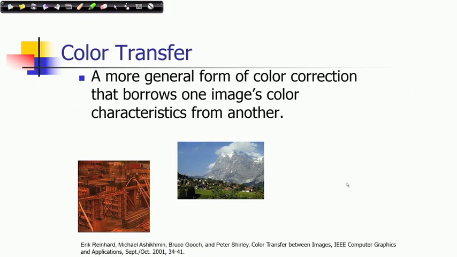It is an image of a peak of the Alps, and this distribution should be transferred to the objects of the source image, so that it looks like this.